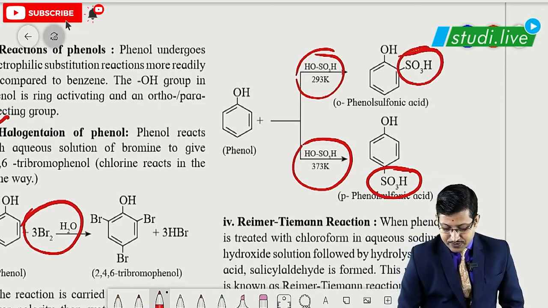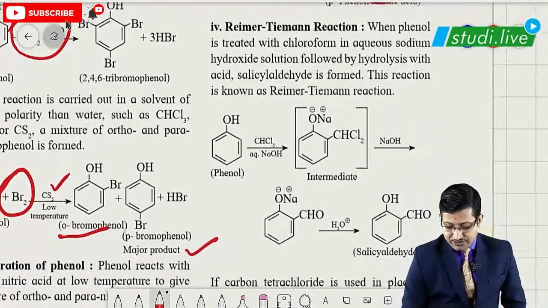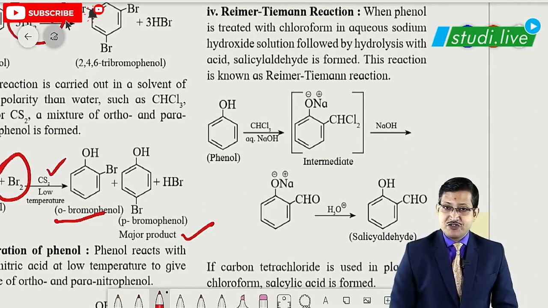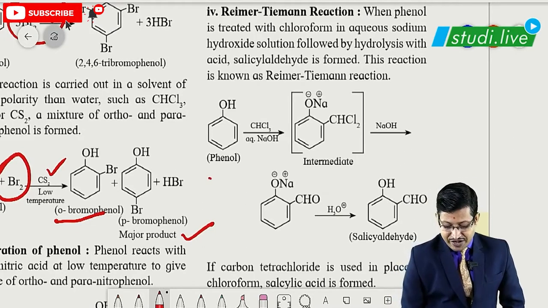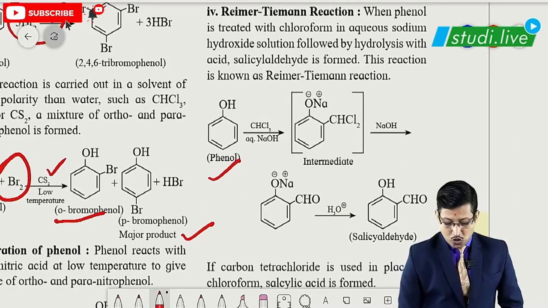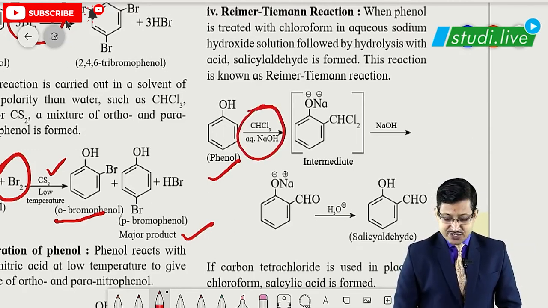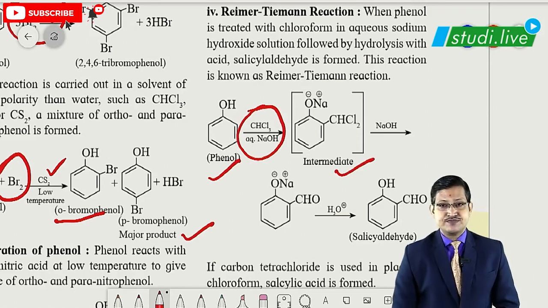The next reaction, a very important question and a name reaction coming up, the Reimer-Tiemann reaction. What is the Reimer-Tiemann reaction? Phenol on reaction with chloroform and aqueous NaOH. In the first step, it gives you an intermediate.